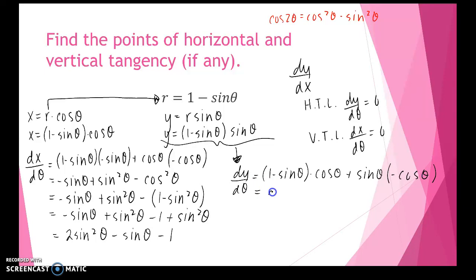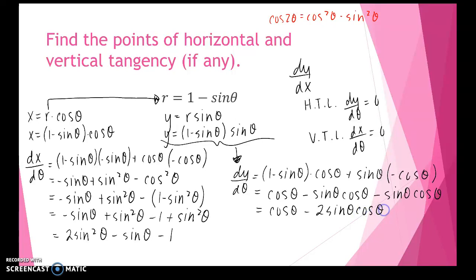Cosine theta minus sine theta cosine theta, minus sine theta cosine theta again. So combining these, cosine theta minus 2 sine theta cosine theta.